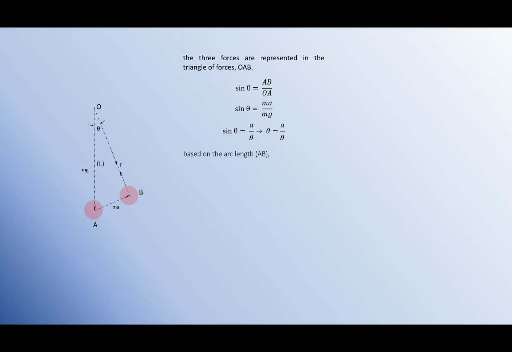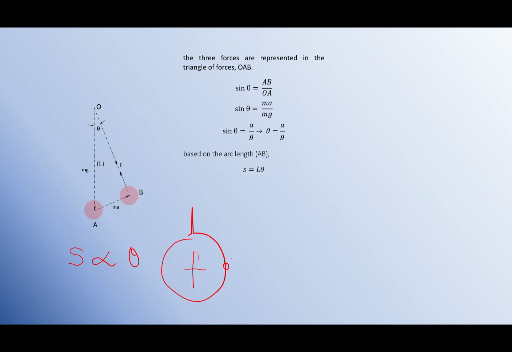Now based on the arc length of AB, and since angle theta is small, you can say S is equal to L theta. The arc length S is equal to the length of the rod times theta. We know that the arc length is directly proportional to angle theta when any object is moving in a circular path.